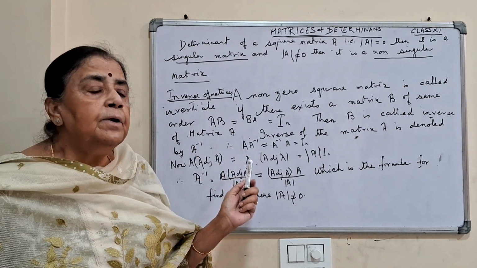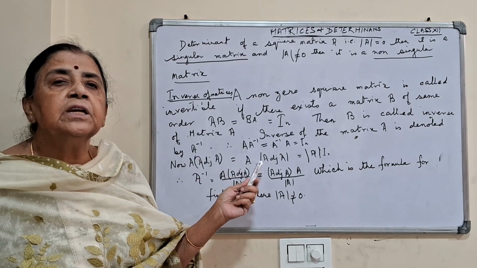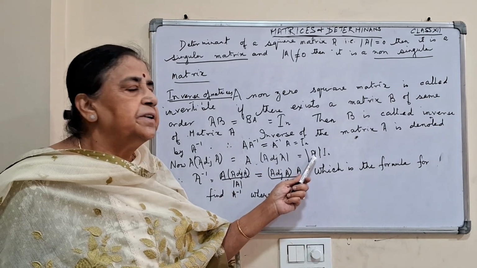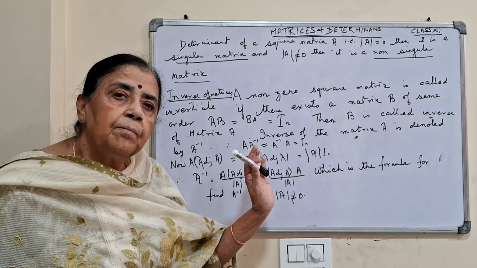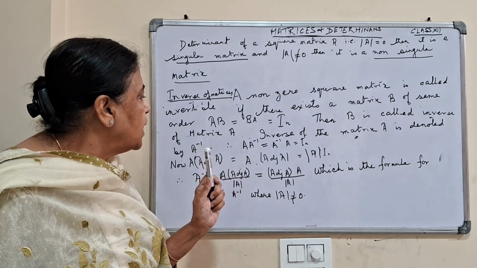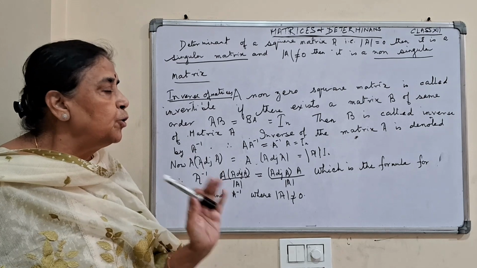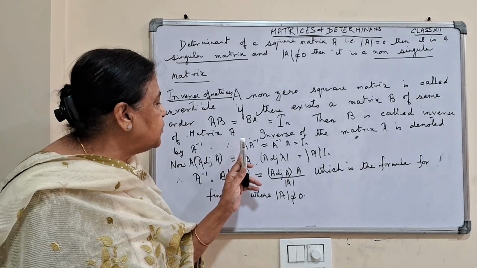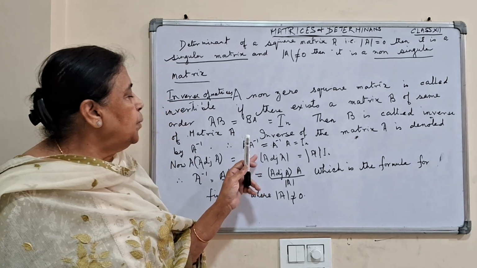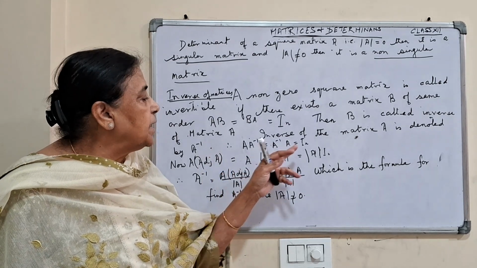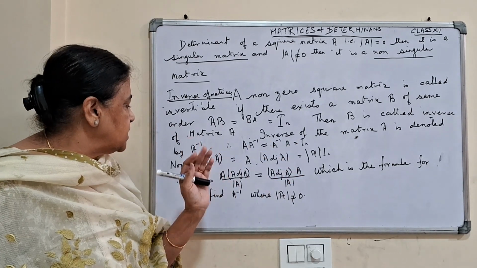Therefore, always A into A inverse is equal to A inverse into A is equal to I, where I means the unit matrix. That means if you take the product of the matrix and its inverse, it will give you a unit matrix.